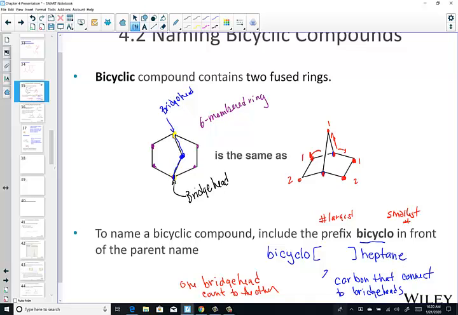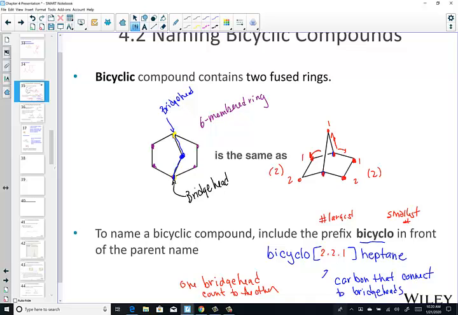So here on the first side we had a 2. There were 2 carbons separating the 2 bridgeheads, counting to the right. There were also 2 carbons separating the 2 bridgeheads from the left, and only 1 carbon separating the 2 bridgeheads when I counted up. So this would look like 2.2.1. The largest number is placed first, and the smallest number is placed last.